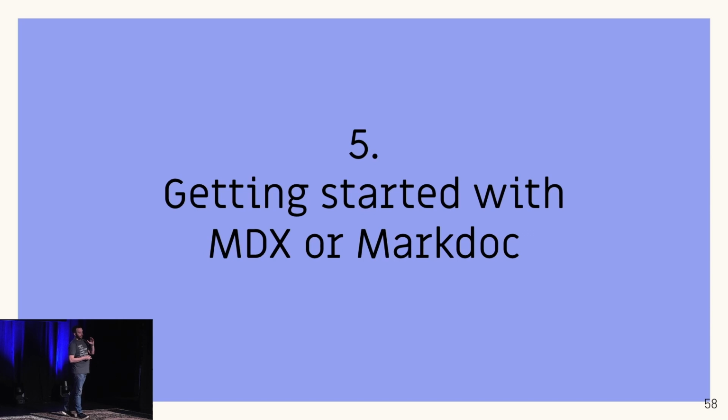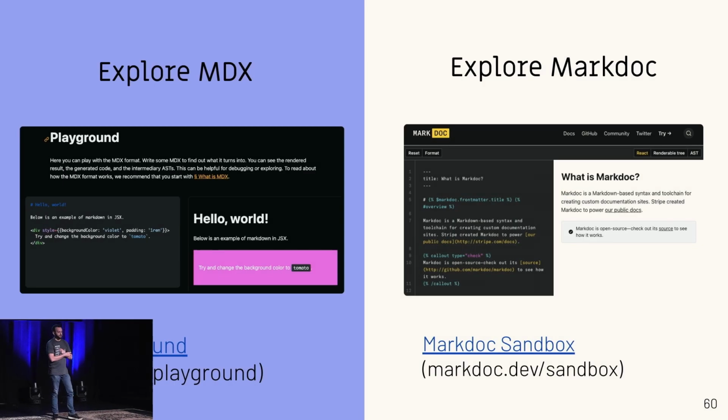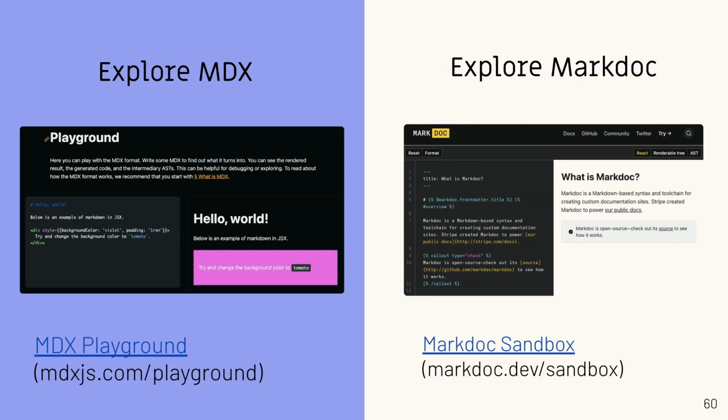As you're learning about some resources to kind of get you started in the right direction, you can start small. You don't have to instantly bring on new tools and tech that you're not familiar with or comfortable with. Use your Markdown. Use it for everything. Only reach for that custom element when you need it or when it adds value to your end user. Both of these tools have interactive playgrounds on their documentation.